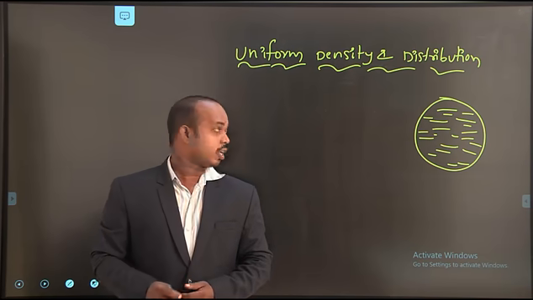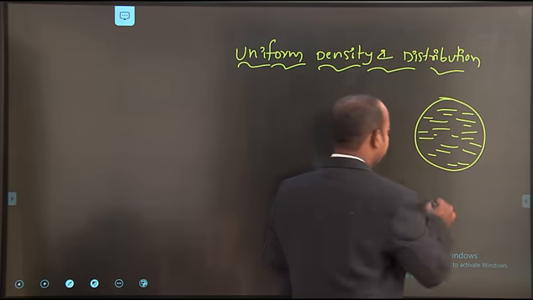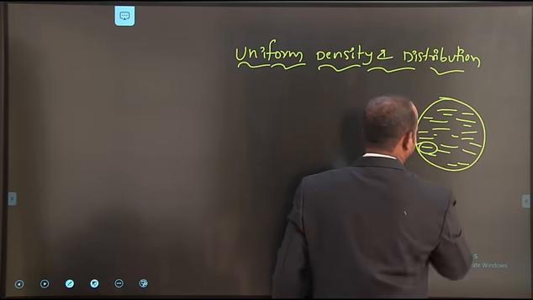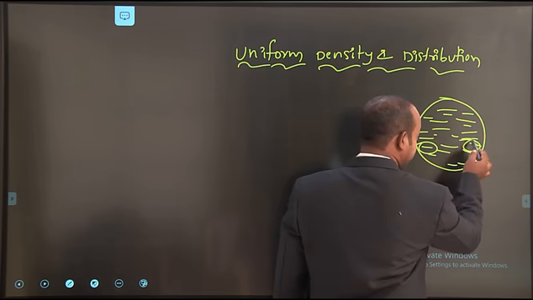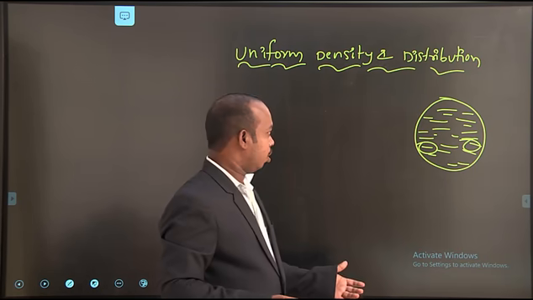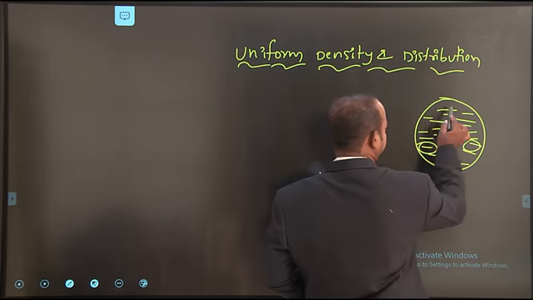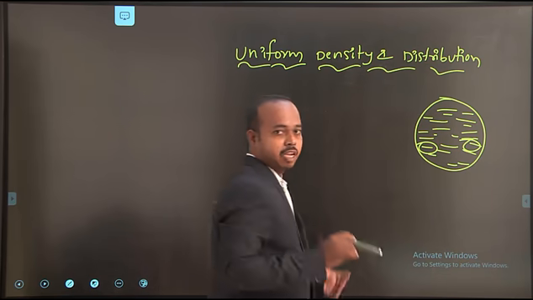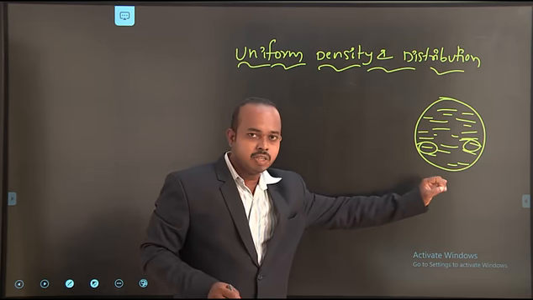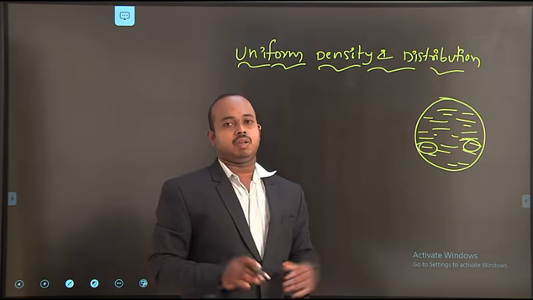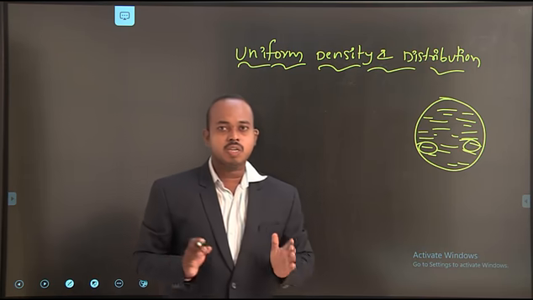Suppose we look at this diagram: in this area the elements are the same. We can take any point in the circle, and the quantity of elements must be equal when I want to consider uniform.